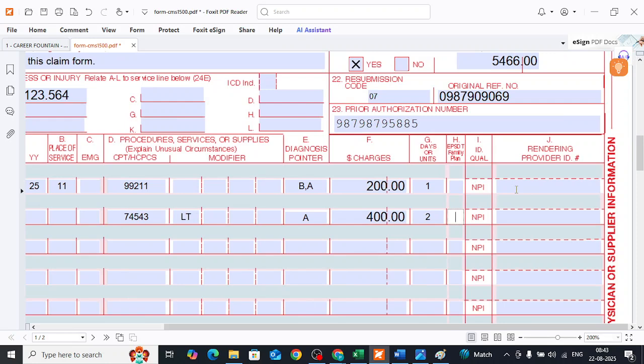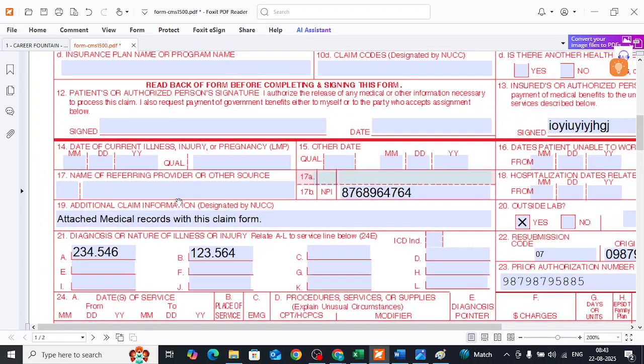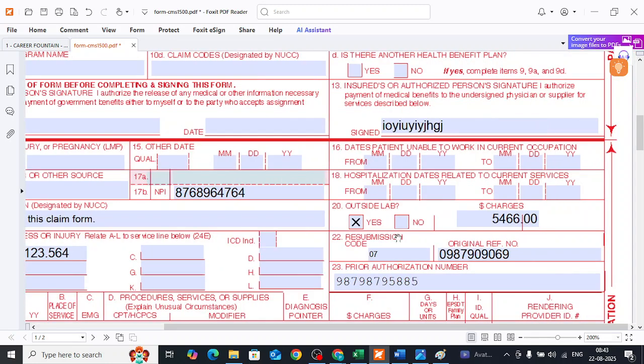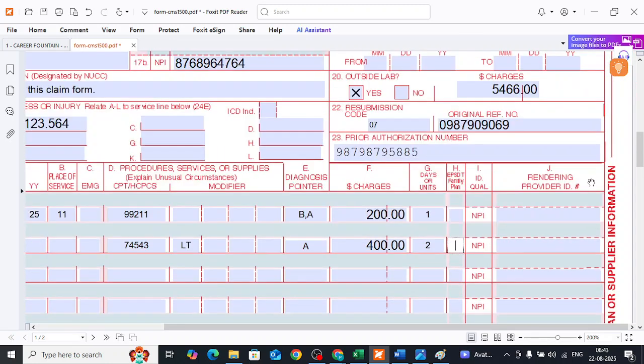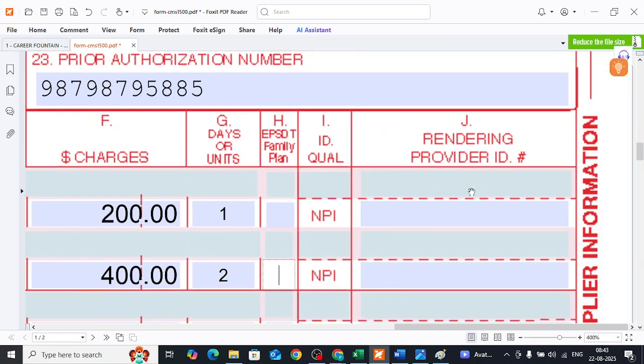Box number 24J is very important. This is the rendering provider. First of all, we saw box number 17, that is the referring provider, right? Who has referred the patient to visit our hospital or specialist, that doctor is the referring provider. Rendering provider means who has actually performed the service to the patient. Not the name, the NPI is going here.